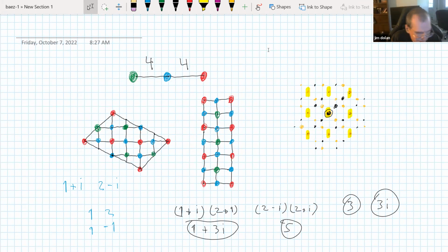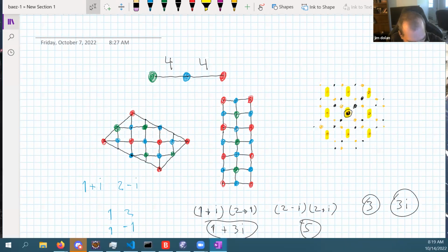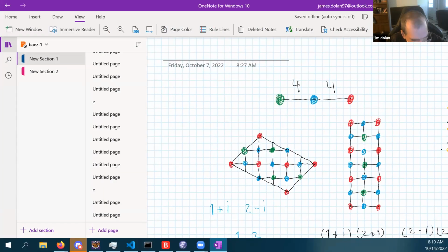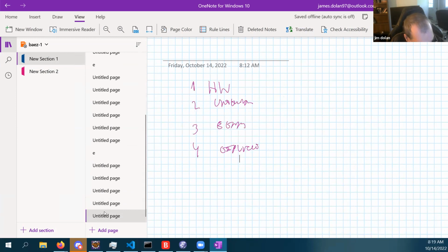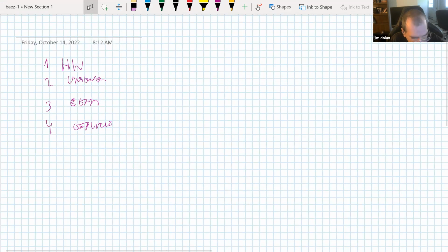Okay, okay. So now I'm going to switch back to today's page here. So, am I doing this right? I think the best way to convince you of that is to just fool around a little bit with the moduli stack of elliptic curves.